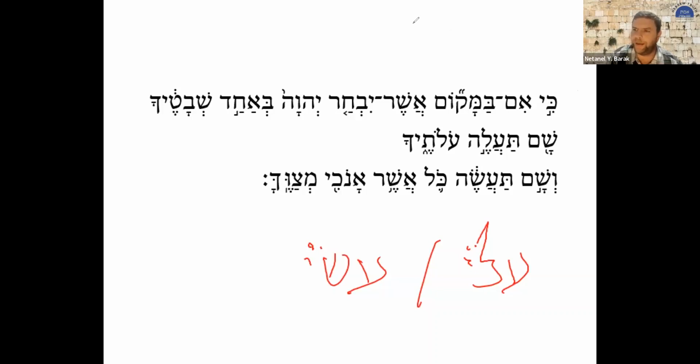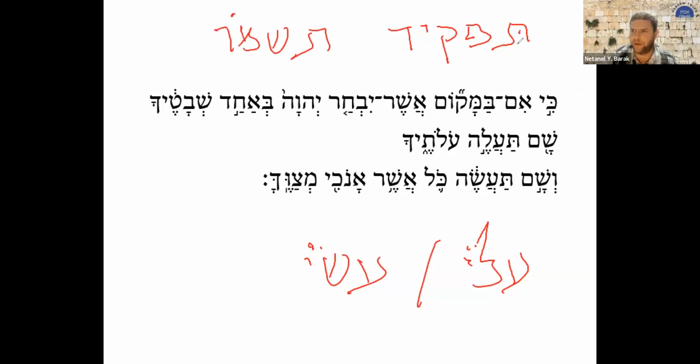Let's talk about regular verbs. Regular verbs, let's say, would be tafkid or tishmor. And here you can see the second person masculine singular, Kal and Hifil.